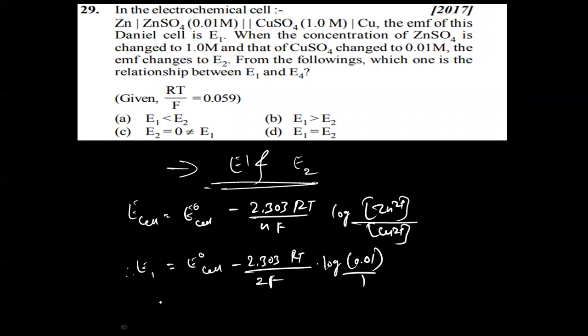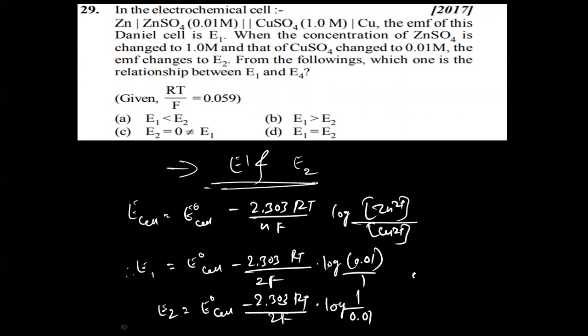Then the concentrations are changed for ZnSO4 and CuSO4, so we can write E2 as equal to E naught cell minus 2.303 RT divided by 2F into log 1 divided by 0.01.